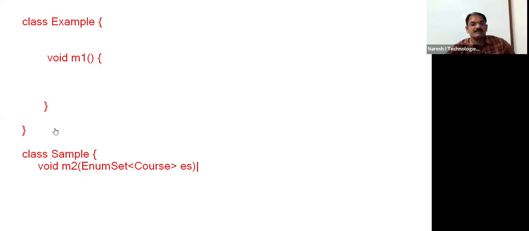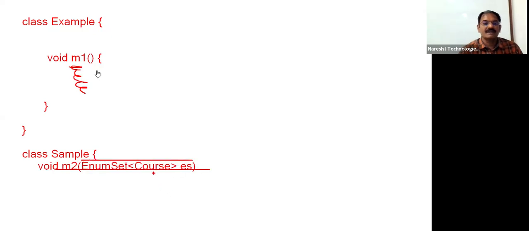If I write like this, then what happens? Now we are forcing that only an EnumSet object with the named constants of Course can be passed. Now, if you want to call this method in this M1 method, I have to create an EnumSet object first. Then I can pass the EnumSet object as an argument.